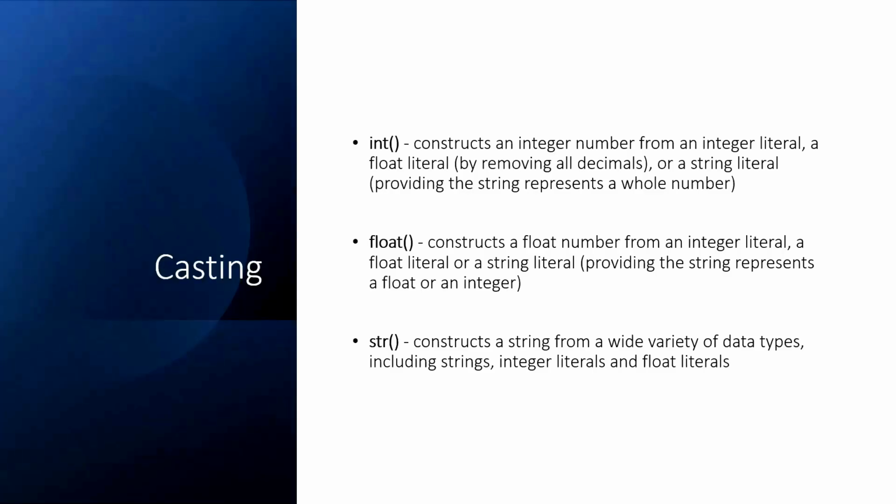Next, we'll talk about casting. There are three functions provided by Python for casting: one is int, one is float, and one is string. Using int, we can convert a string or a float into an integer.